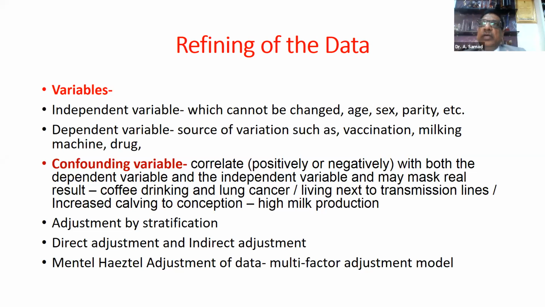If I'm going out and doing a cross-sectional study, there are 4 or 5 different confounding factors which are going to have an effect on the outcome. But I want to find out what is the true effect of my supplement. Then in that case, I'll have to adjust my data for all those 3 or 4 different confounding variables, and that can be done by what is called Mantel-Haenszel adjustment.